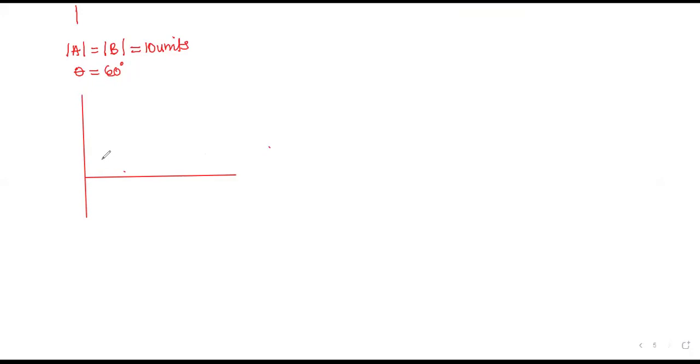So if I put one of them along the X, A, then before I can locate the other one, B, Godfred, are you paying attention?